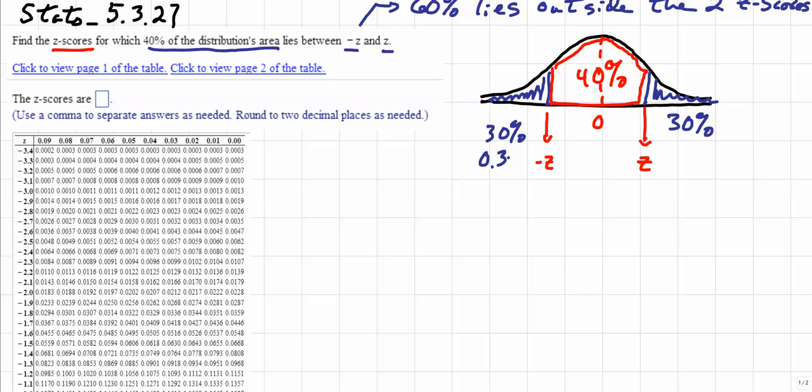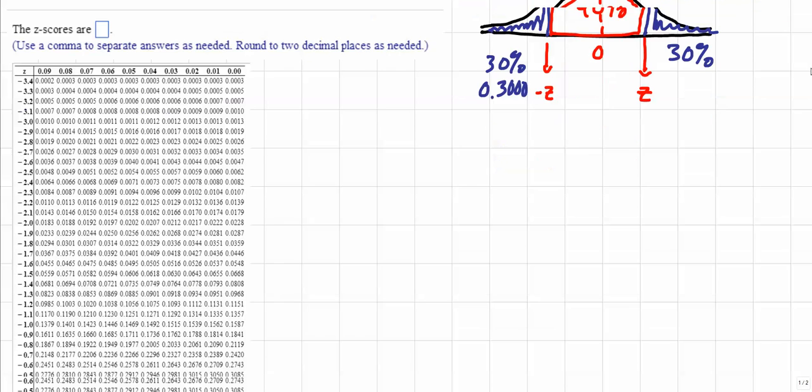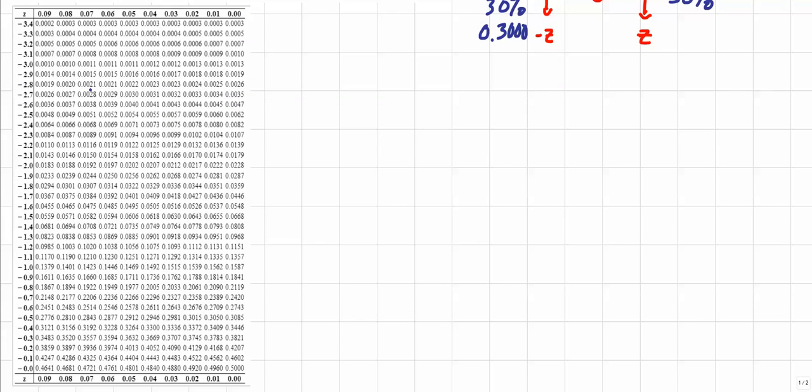Let's go ahead and do 0.3000, because if you look in the table, everything is to 4 decimal places. So you're going to look in the body of the table. Let me scroll down just a little bit, and we're going to look for 0.3, or as close to 0.3 as we can get. Well, we'll notice that 0.3 falls between this value and this value right here.